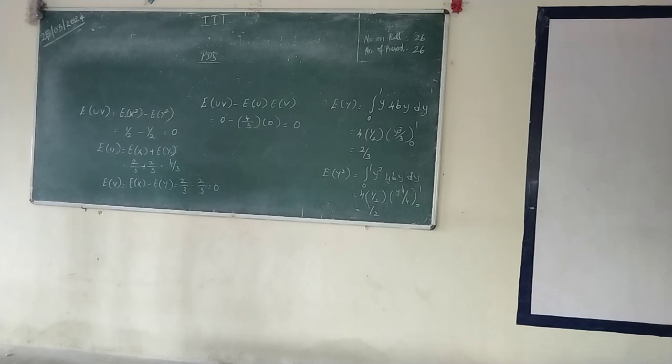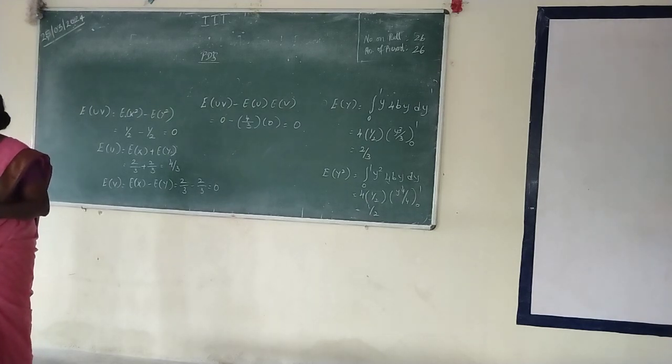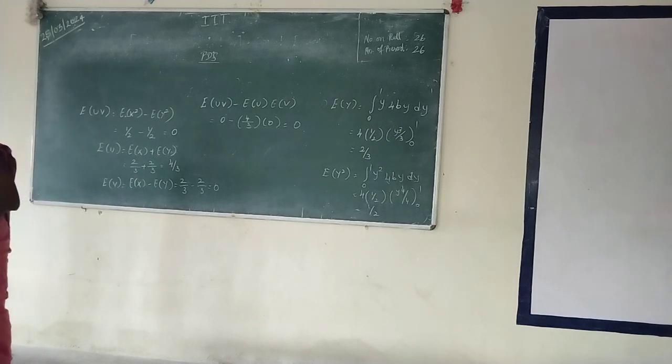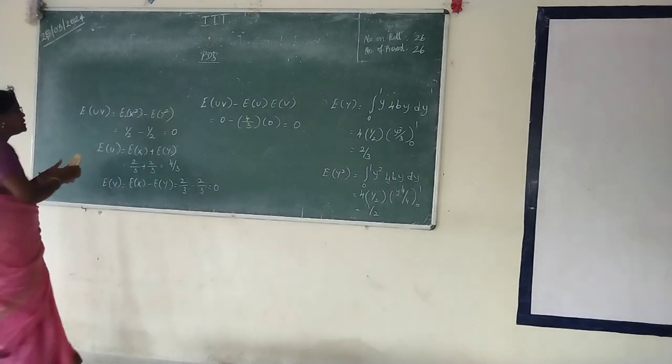Mostly they may not mention it in the statement, so you clearly identify. In some cases they may directly give the rank also. If it is based on rank, it is Spearman. Otherwise, stick to Pearson's. Okay, so take the next topic.